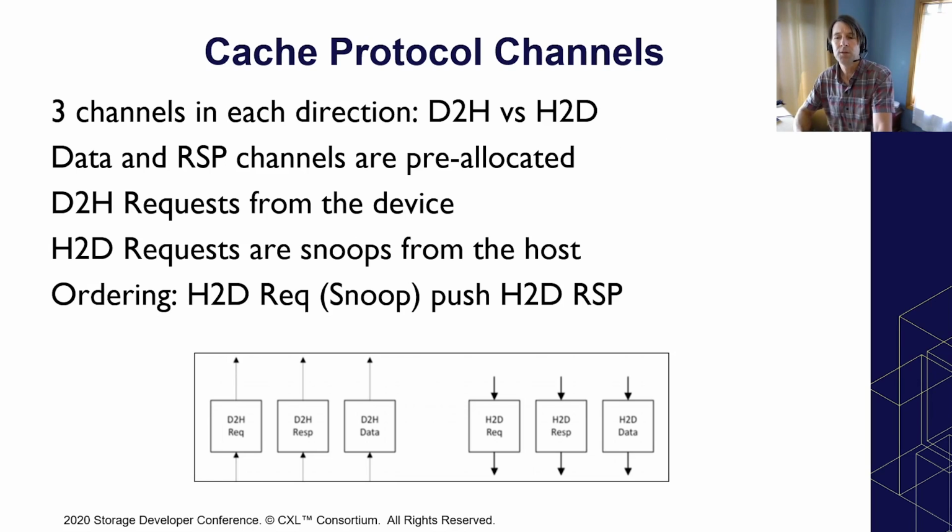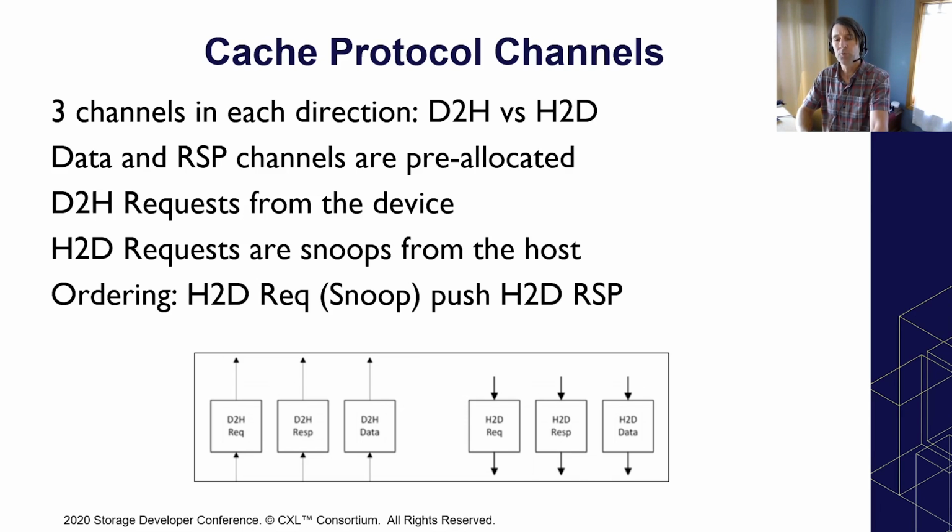We implement this with 3 channels in each direction in the CXL cache protocol. We refer to those directions as D2H, or device to host, and H2D, host to device. Both directions have data and response channels, which are pre-allocated.